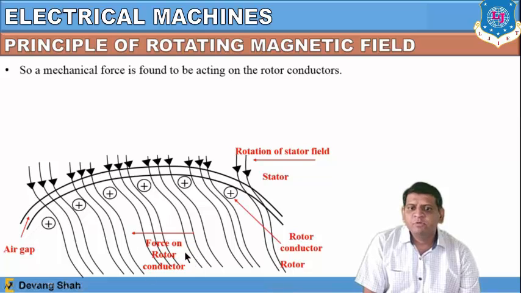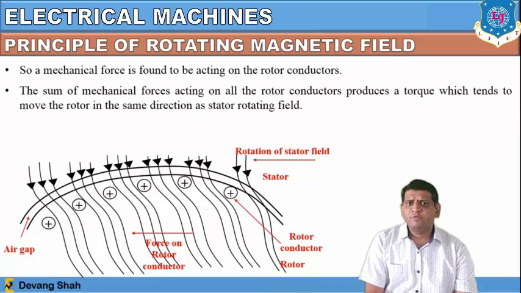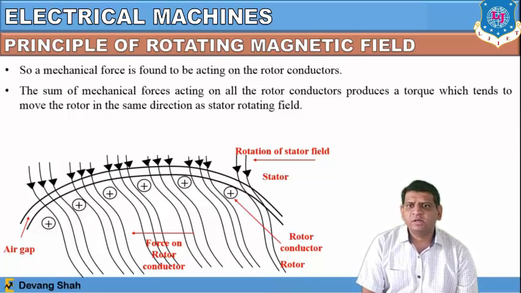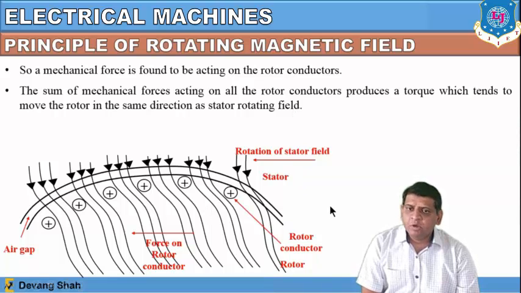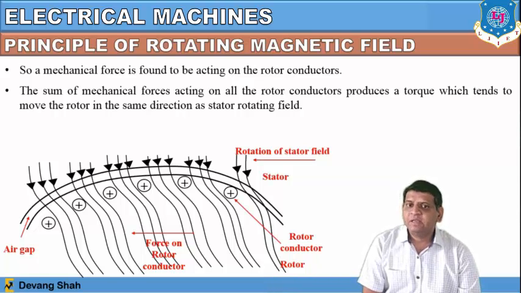That force is the force on a rotor conductor, and it brings the rotor into rotation. The sum of the mechanical forces acting on all the rotor conductors produces a torque which tends to move the rotor in the same direction as the stator rotating field. All conductors carry current, and each conductor exerts a force; that bunch of forces we define as the torque. The initial torque is generated through these mechanical forces.